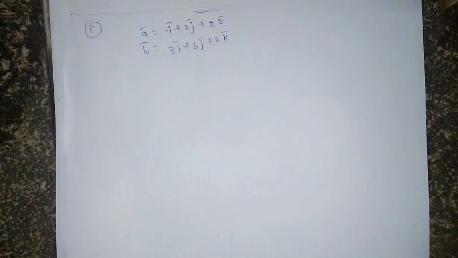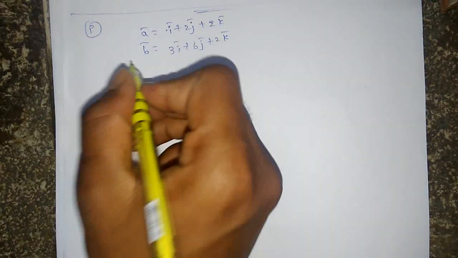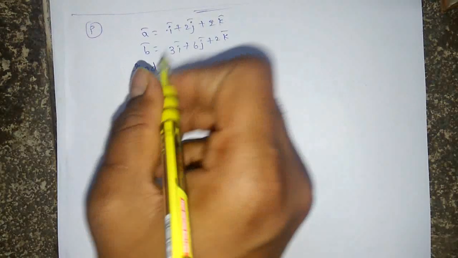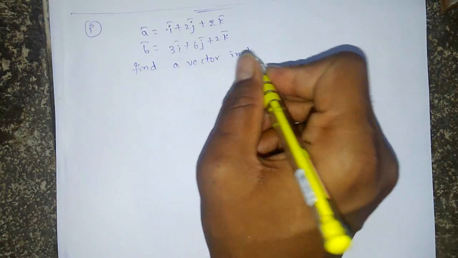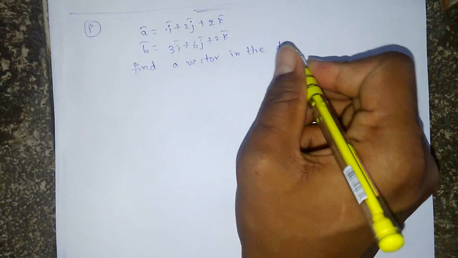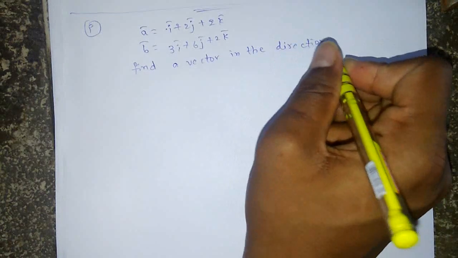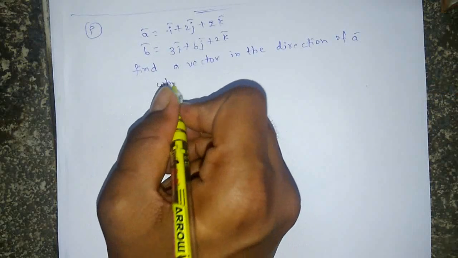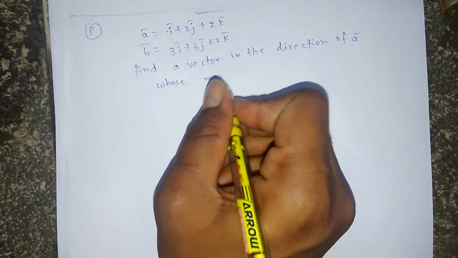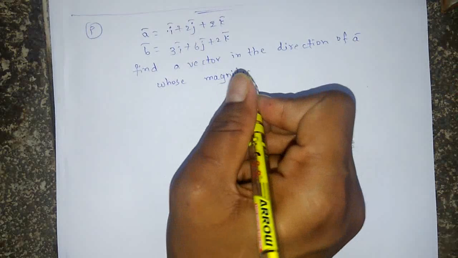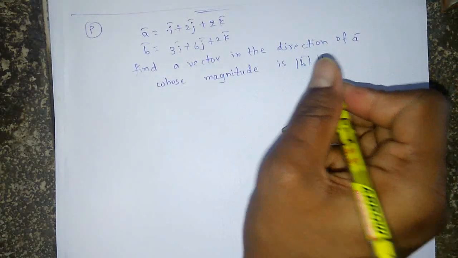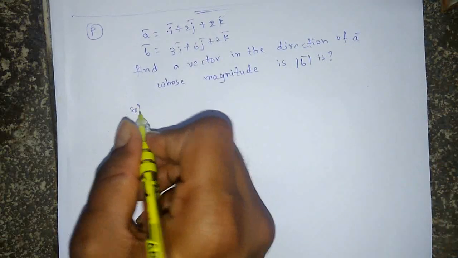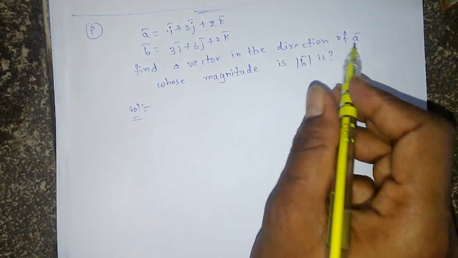So we are asked to find a vector in the direction of A bar whose magnitude is mod B bar.